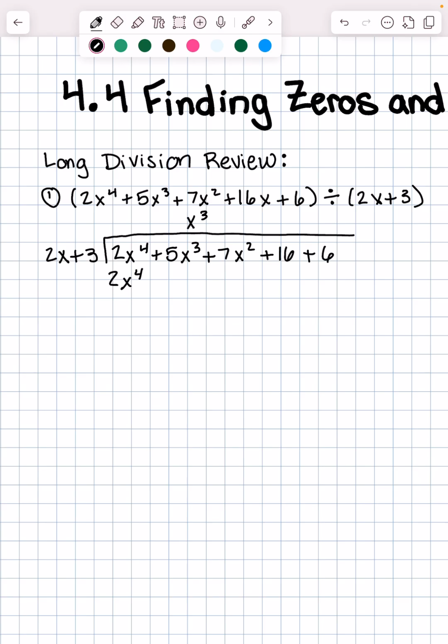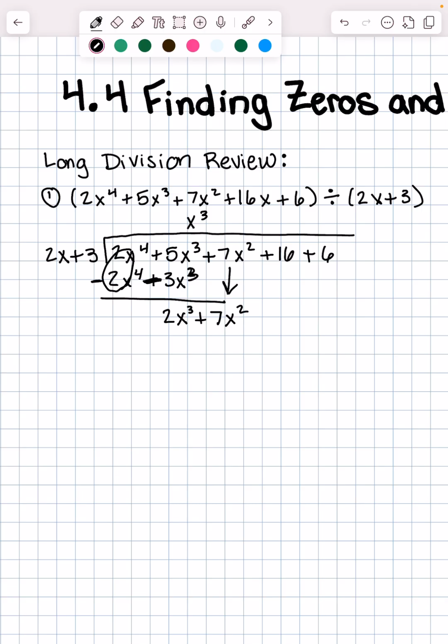X cubed times 3 would be plus 3x cubed. And then remember, we're subtracting this. So this becomes negative, and then also this sign right here becomes negative. So that would be a 0. That's what we wanted. And then we have 5x cubed minus 3x cubed, so that would be 2x cubed, and then we drop down this plus 7x squared.